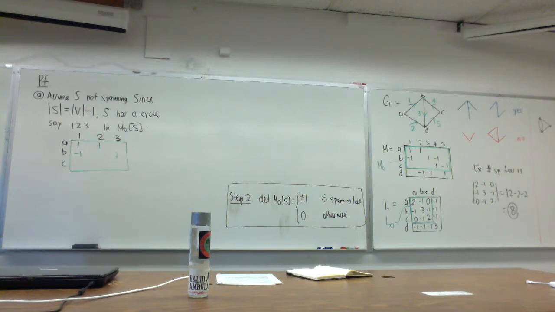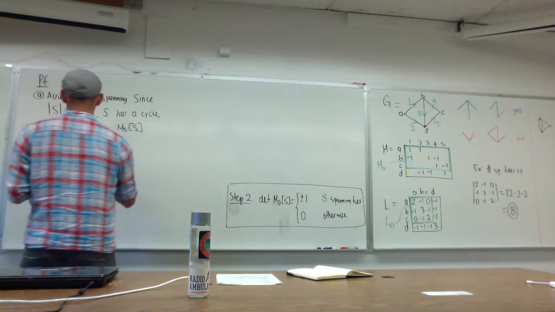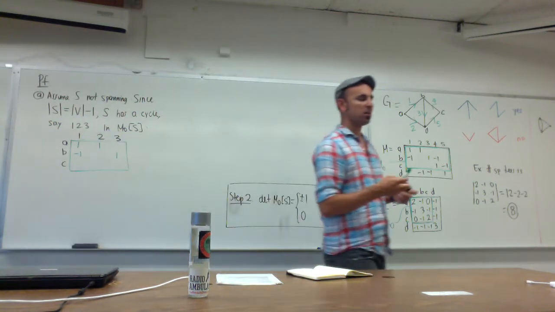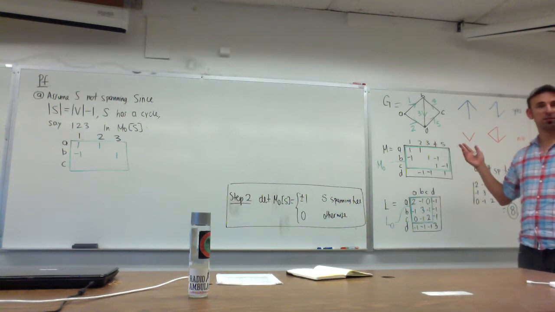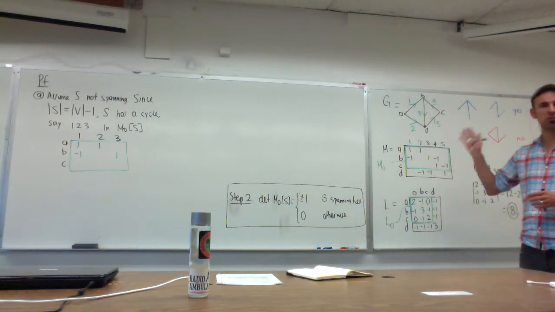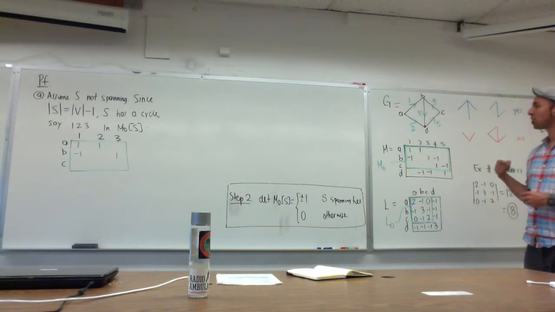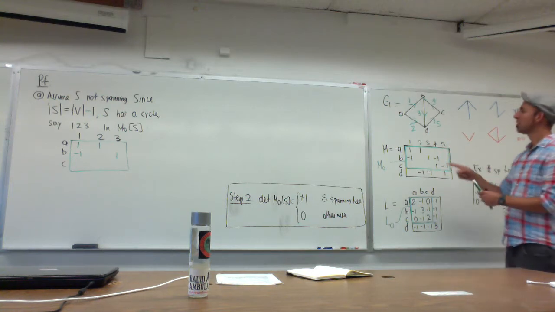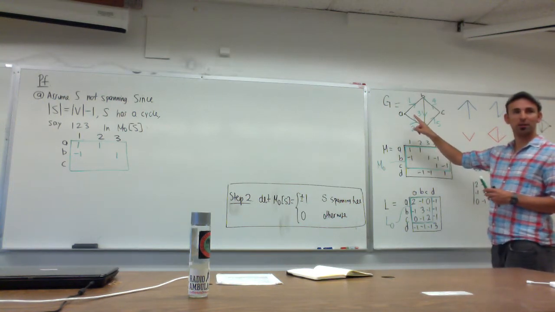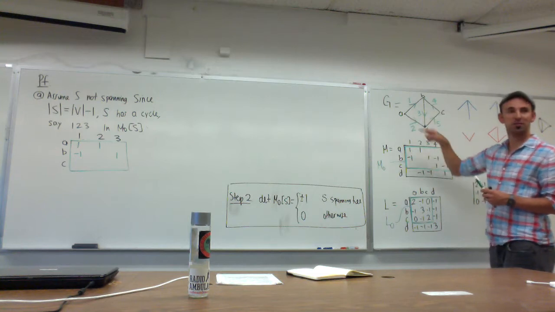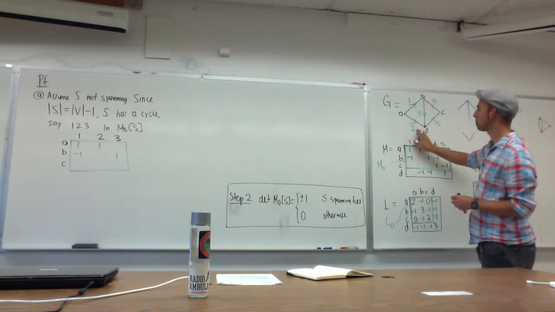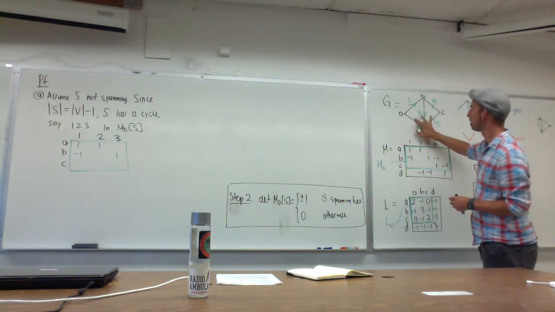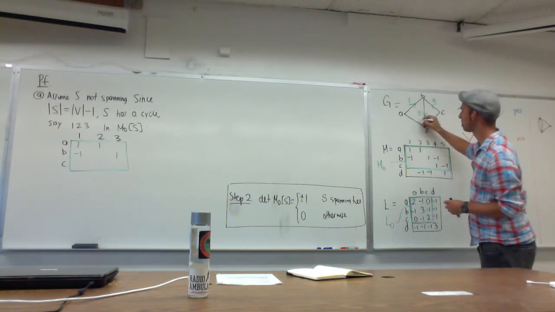Now, I think there's a slightly better way of explaining what I'm about to explain, which is this. The orientation didn't matter. Right? So far the computation works no matter what the orientation is. So let's change the orientation so that my cycle follows the traffic of those edges. Okay? So let me go like this, and let me switch the orientation of this guy to face the other direction.